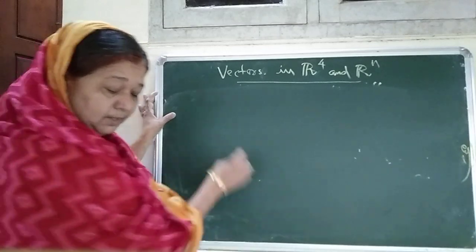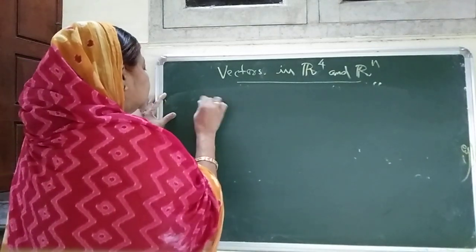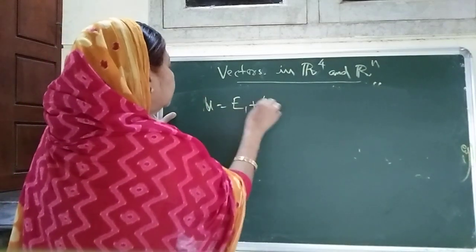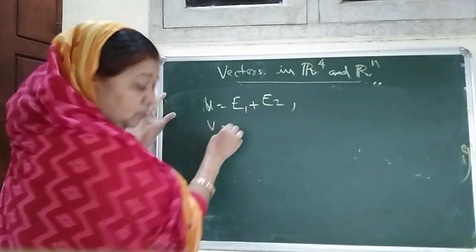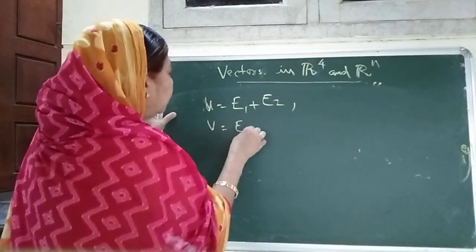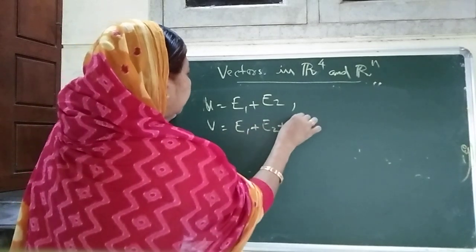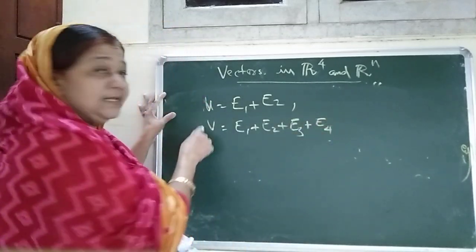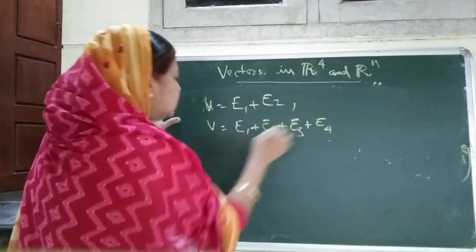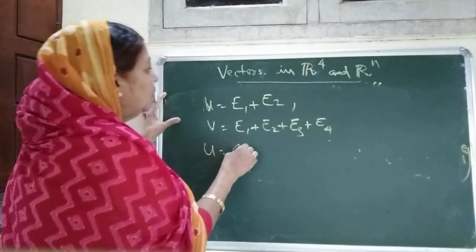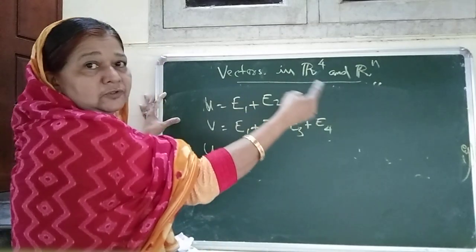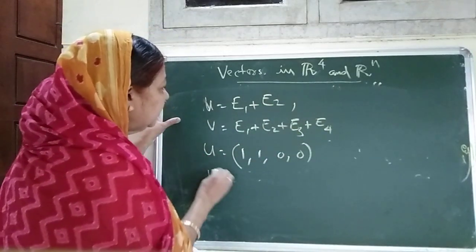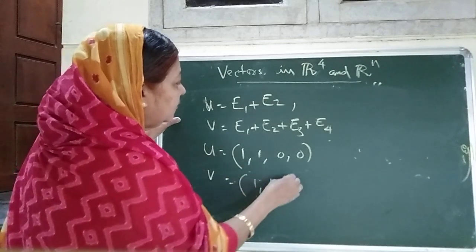So, if one of the vectors, say u equal to E1 plus E2 and another vector v equal to, say, E1 plus E2 plus E3 plus E4, then u is E1, 1 0 0 0, plus 0 1 0 0, that is 1 1 0 0, and v equal to 1 1 1 1.